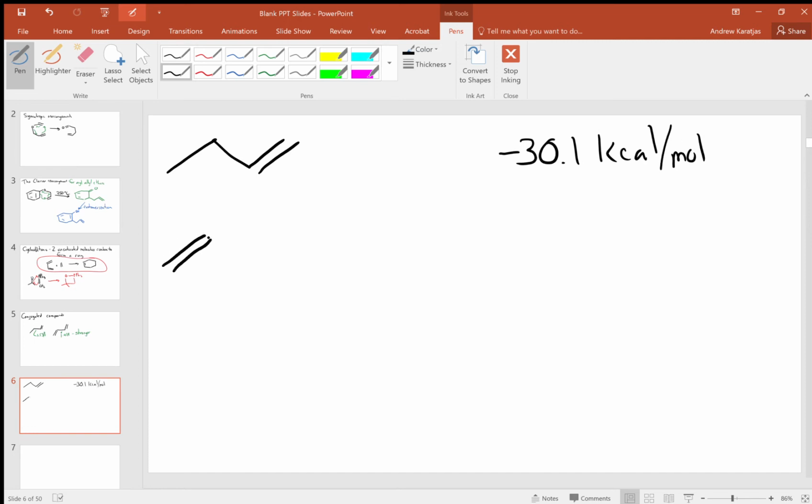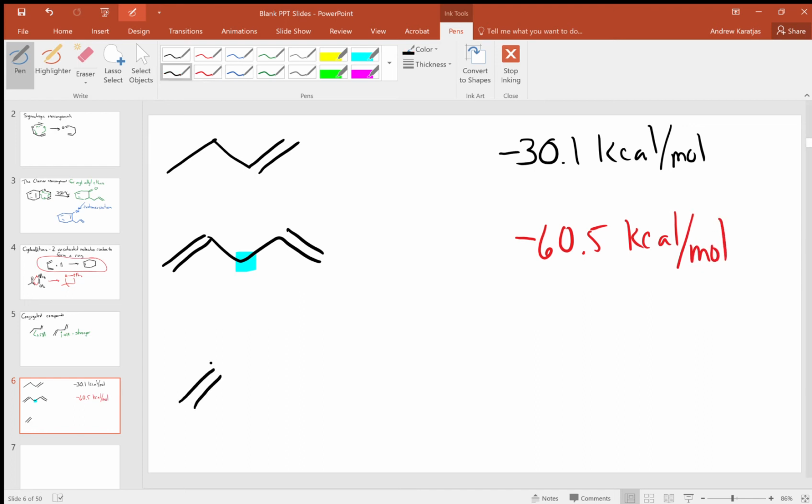If we have two alkenes in the same compound, but notice we have an sp3 carbon between them, so they're not conjugated, we get what we would expect, which is almost exactly double the value of one double bond. But when they're conjugated, it's a bit lower.